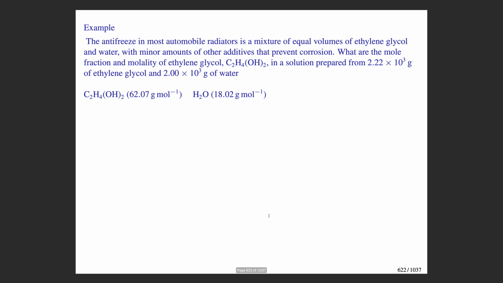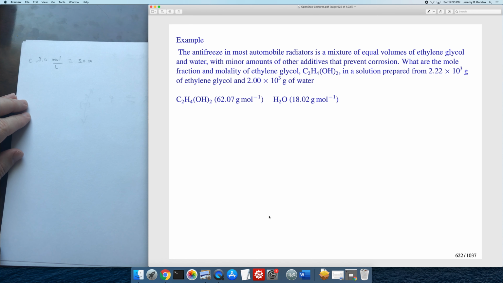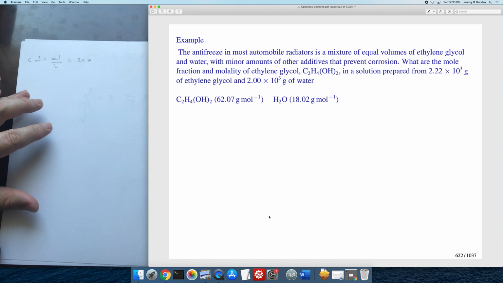What we want to do in these next set of slides is just to practice some problems. This one is a straightforward one where they simply want us to calculate the mole fraction and molality of ethylene glycol in water.